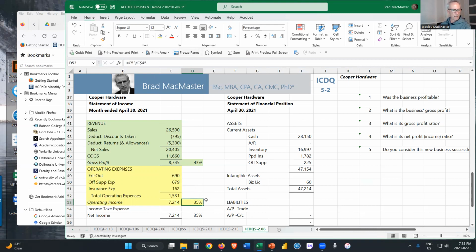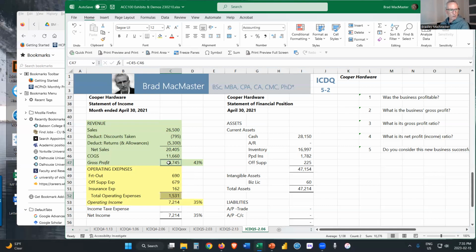Now you can see that there are various categories of operating expenses. If we add them up, we have total operating expenses. And if we subtract total operating expenses from the immediately preceding profit measurement, we get the next profit measurement, which is operating income. So operating income equals gross profit minus all the operating expenses, okay?